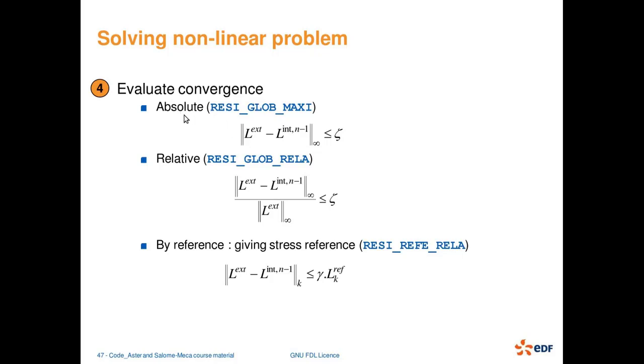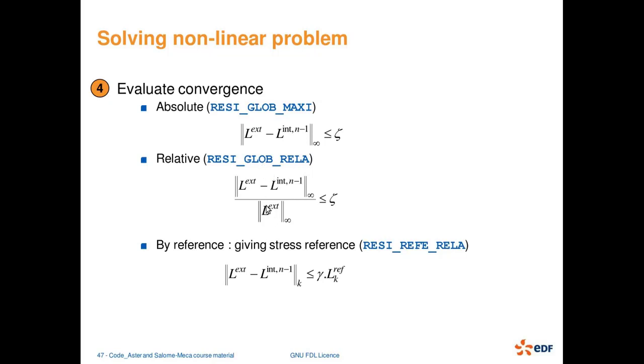Here we have the absolute maximum residual, which is the absolute difference between the external load and internal load in any iteration, the maximum or peak value of that, and it must lie within the accepted amount of error. It must be lesser or equal. That is one convergence criterion.